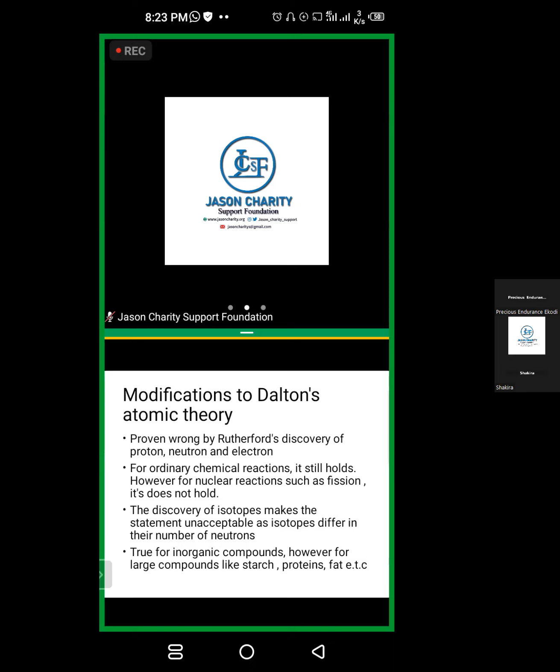Now, what makes them have these different mass numbers is because their neutron number differs, but they'll have the same number of protons. Where their neutron number differs, then they'll have different mass numbers, because the mass number is the addition of your neutron and your electron.